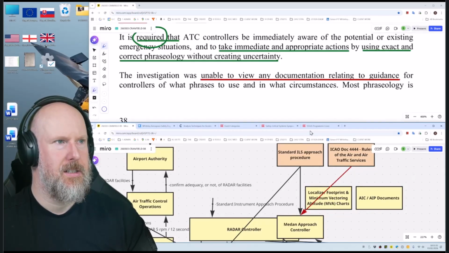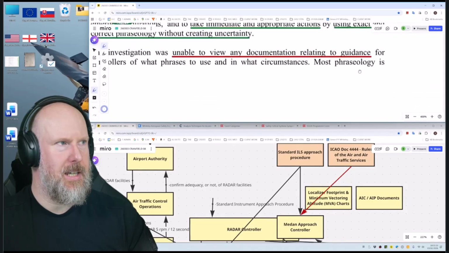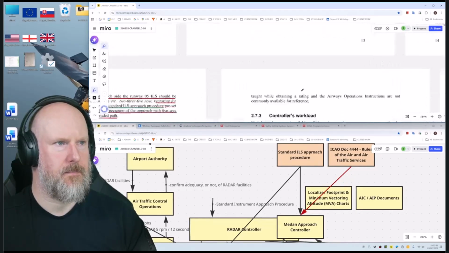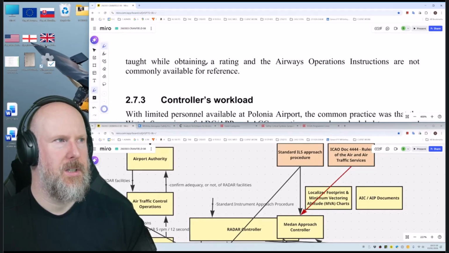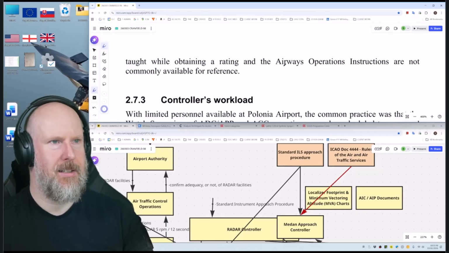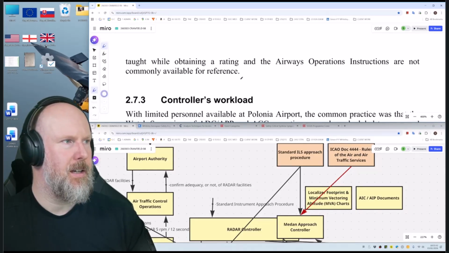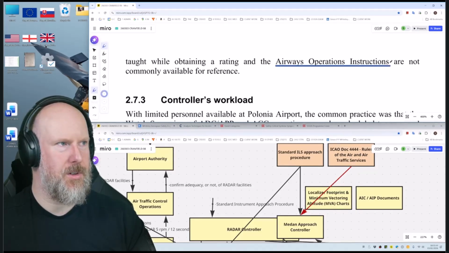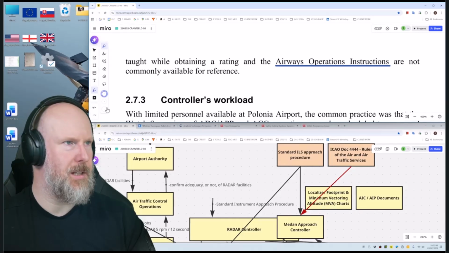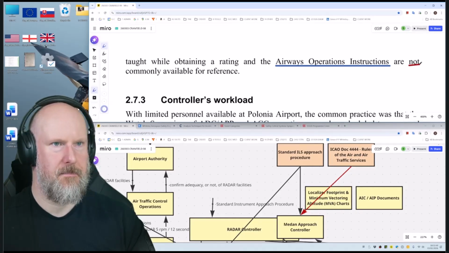Interesting. Most phraseology is taught while obtaining a rating, and the airways operations instructions are not commonly available for reference.